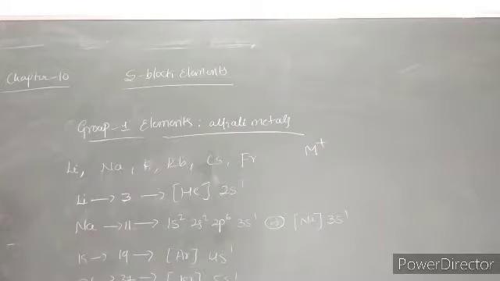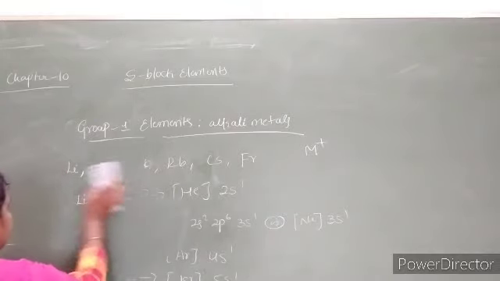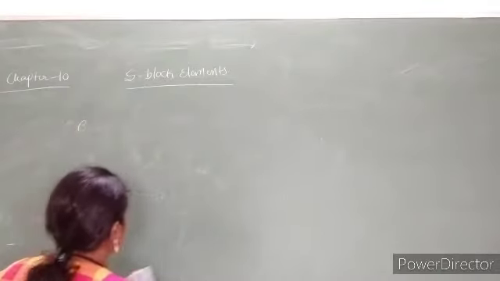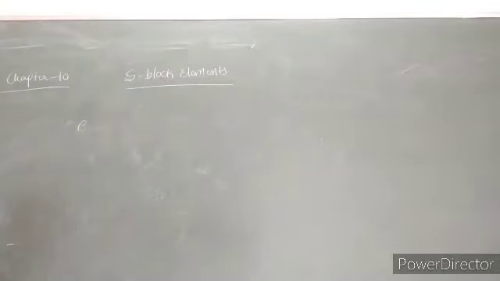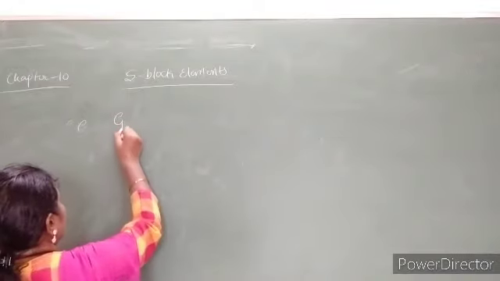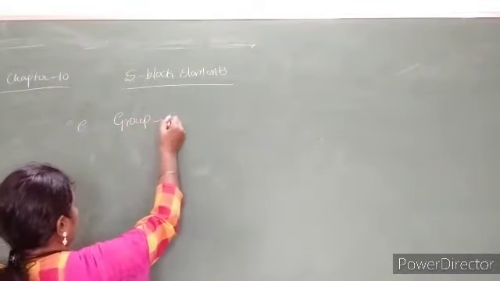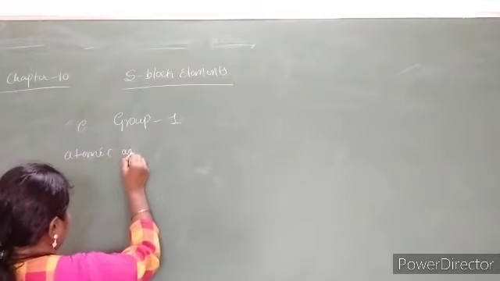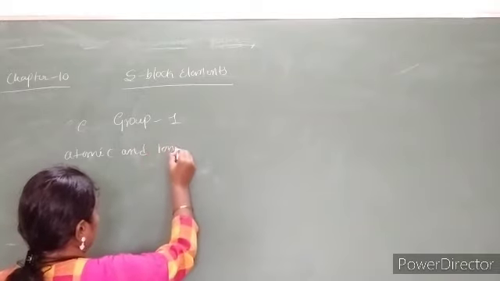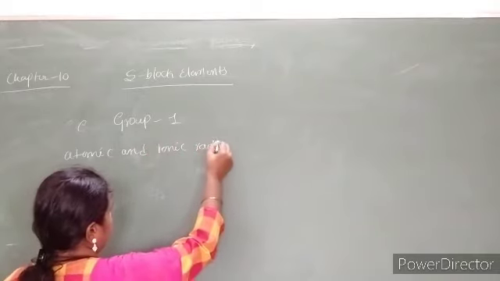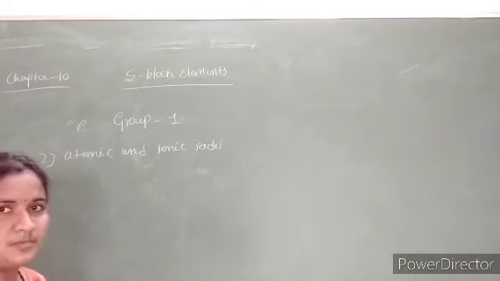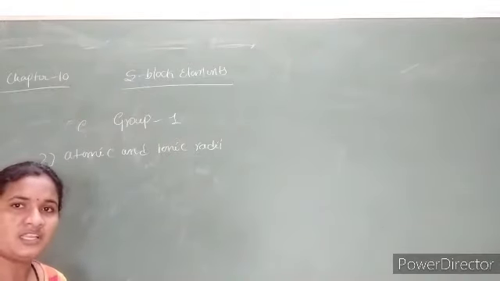So next is the atomic and ionic radius of alkali metals. From lithium to francium, the size of the atom increases.